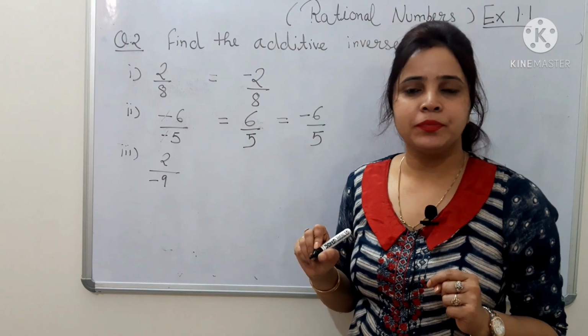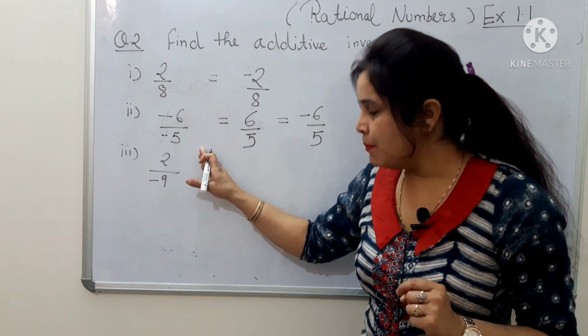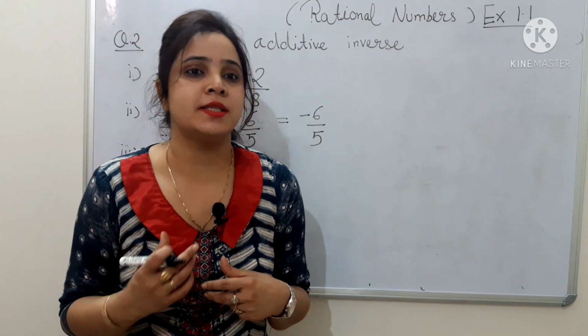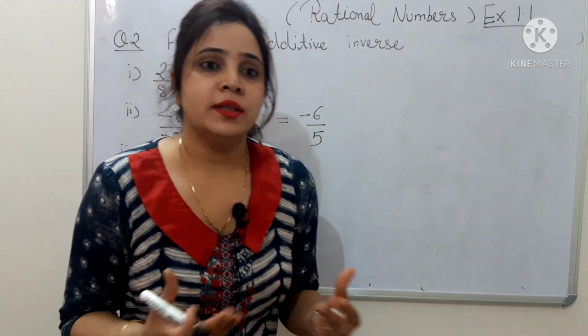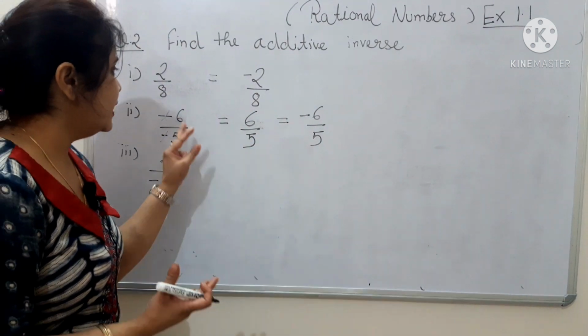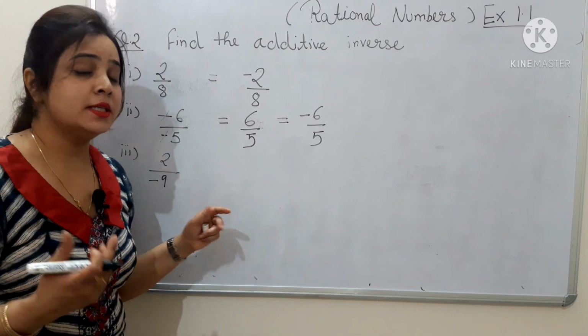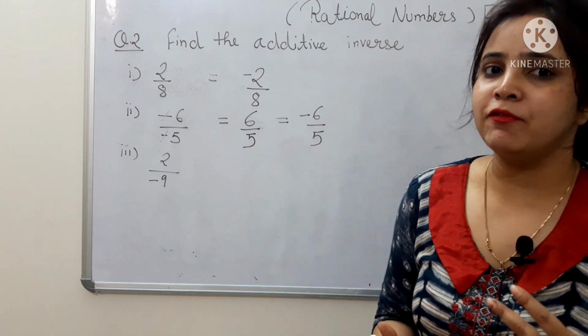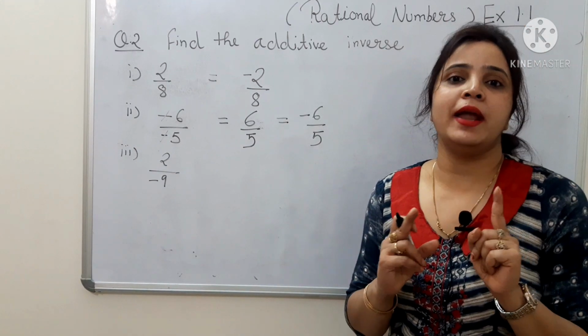Isn't it? Now, teachers used to give these questions in the exam to confuse students. What do students do? They just think that minus 6 upon minus 5, yes, it is a negative number, so just make it positive. Plus 6 upon 5 will be the answer. But it is not like that.